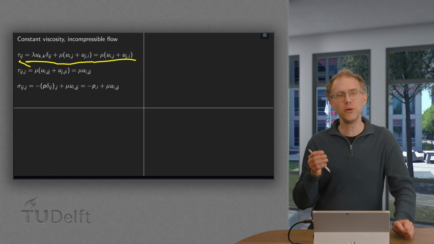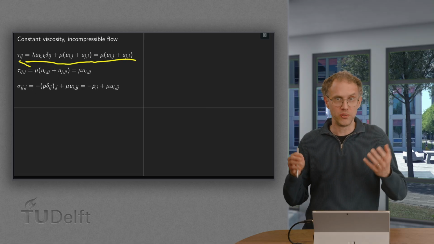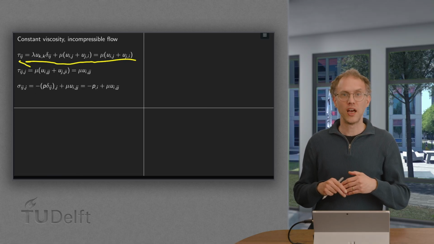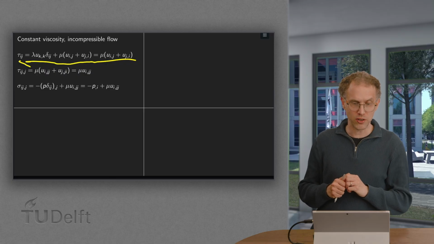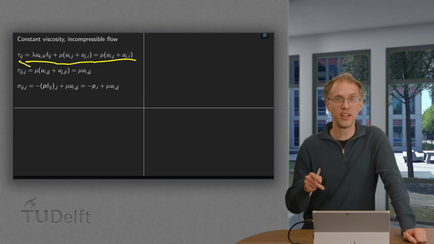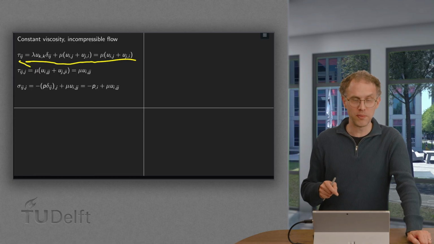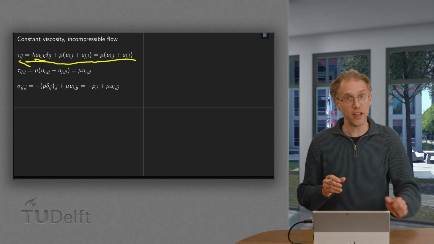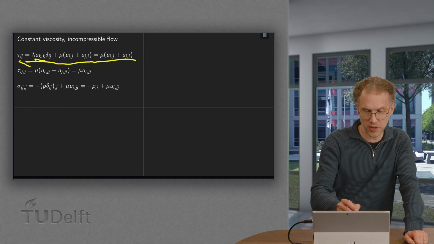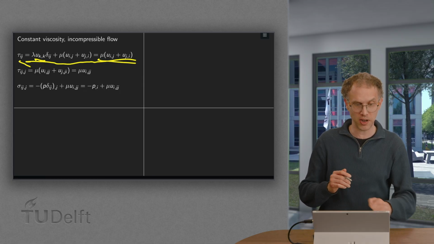We will now assume incompressible flow. Well, you do not need to do that, but it makes the equation a bit easier, and it's often a valid assumption. If your flow is not incompressible, you should just keep the term uk comma k. But if you are incompressible, the tau ij is a bit easier. You just have viscosity times ui comma j plus uj comma i.